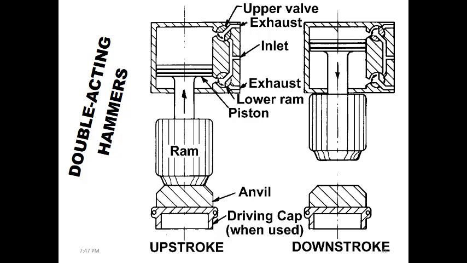But when it's closed, now it can allow the air to flow backwards to the top part of the piston. So while the weight of the ram is driving down that entire system to hit the pile, now the air, the compressed air or the steam, can be used to further accelerate the movement of the piston for the downstroke and hit it even harder.